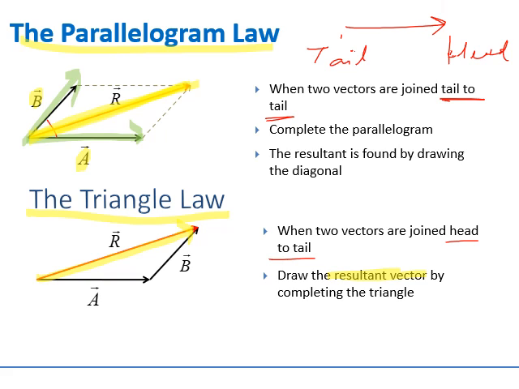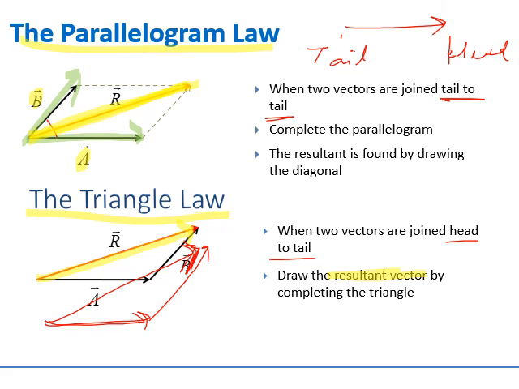So this is how you find the resultant using the triangle law and using the parallelogram law. Just make sure whenever you are doing the triangle law, you have two vectors head to tail to each other, and the third closing side. What do we mean by closing side? This side is closing the triangle and taken in the opposite order.